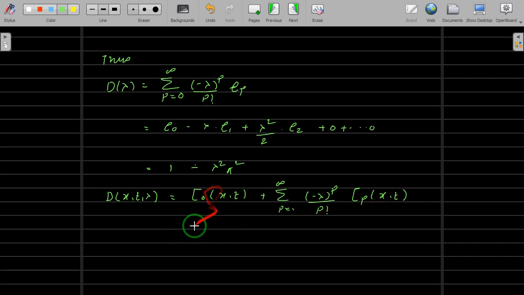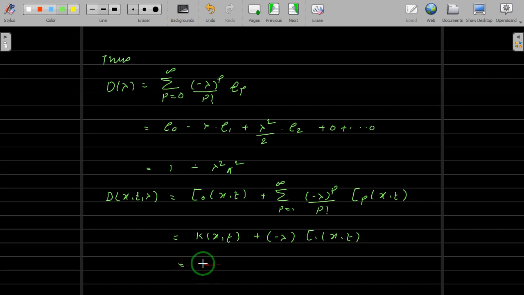And c0 we know what that is, it is the kernel k of x comma t, and for this, capital C1 is there, but C2, C3, the rest are all zeros, so only one term will survive in the summation, that is minus lambda upon 1 factorial, and C1 of x comma t.